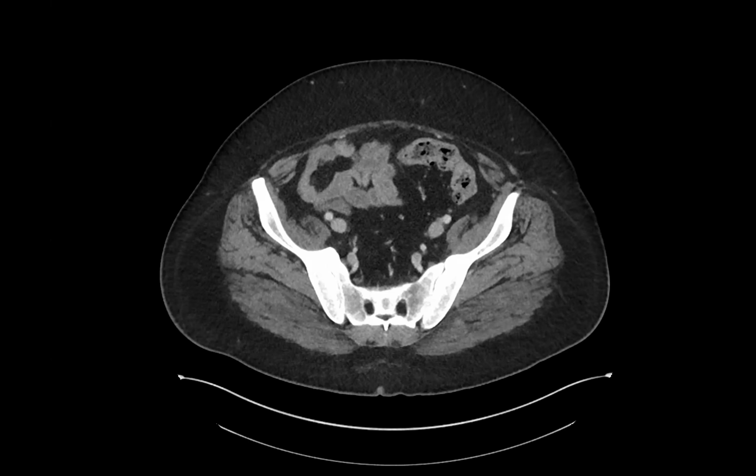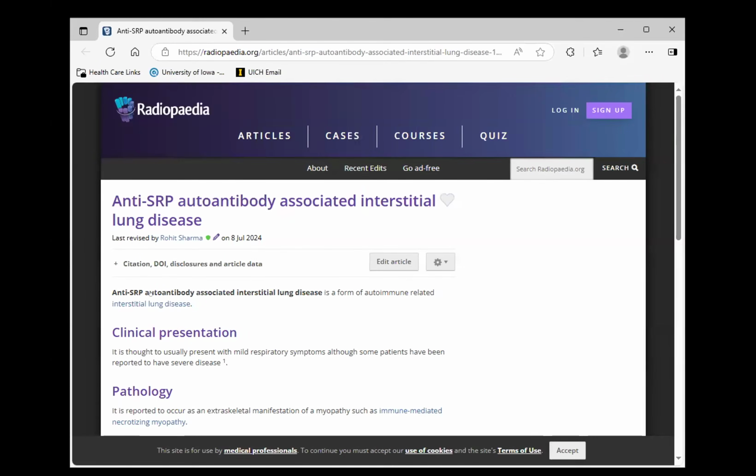This patient had immune-mediated necrotizing myopathy, in response to production of an antibody to a weird agent, which I did not know. I'm pulling that up. So he had antibodies to SRP, and that can give rise to interstitial lung disease as well as myopathy.